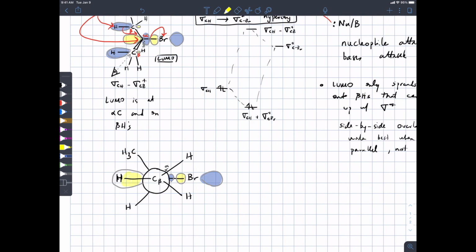And I'm just going to color the phase in yellow, and that's for the sigma star in the back. Then if we were to draw the carbon-hydrogen sigma in the front, or the portion of the LUMO rather that is on that carbon-hydrogen sigma, we would do so like this.